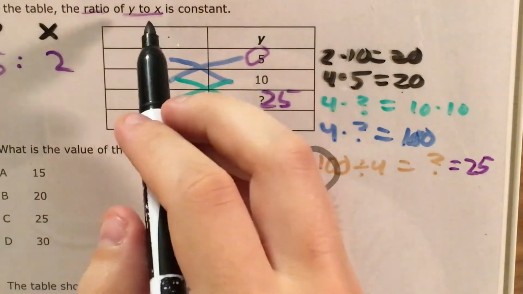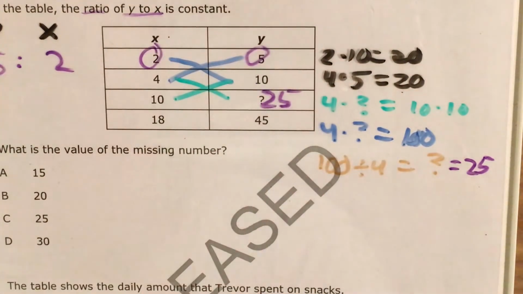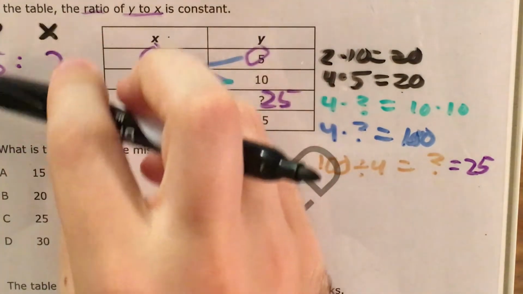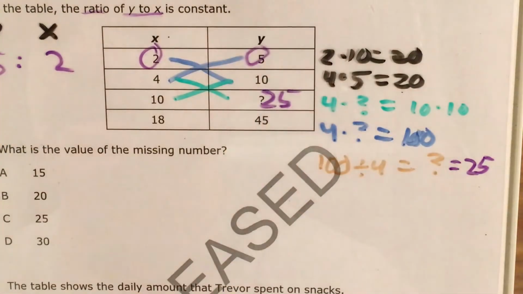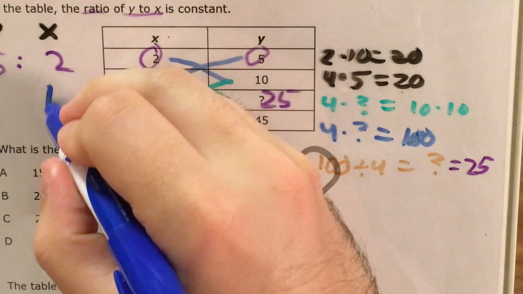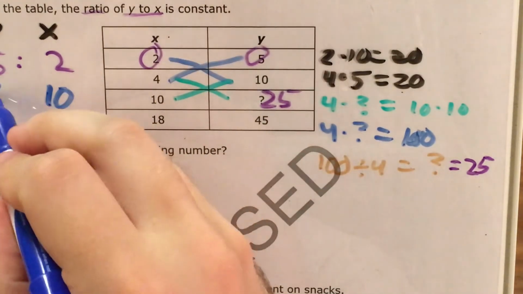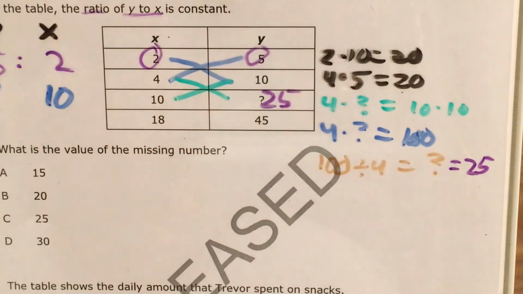and I'm kind of flipping this around a little bit because the problem flipped it around. I want to see that this works whatever order our letters are in. So for my number table, if my y is 5, my x has to be 2. And if my x is 10, my y is what? And at this point, I'm going to use the other trick for solving proportions or number tables or anything like that.